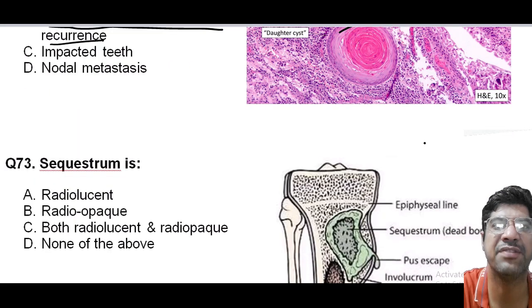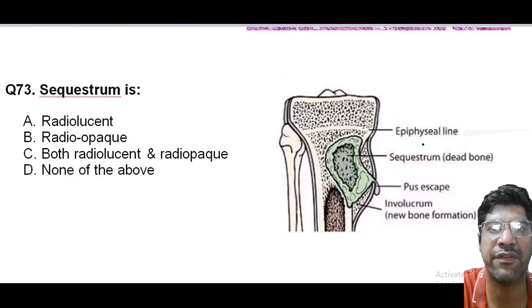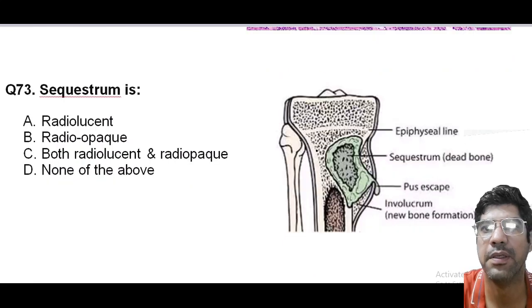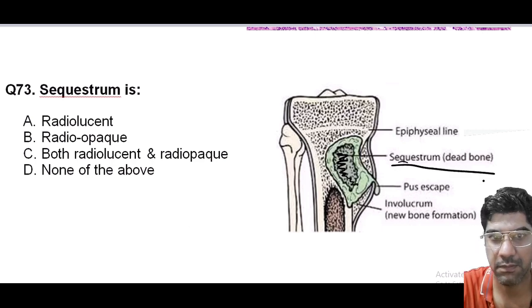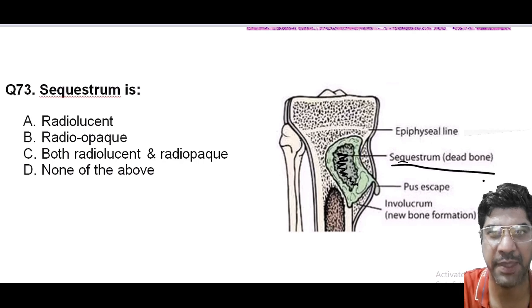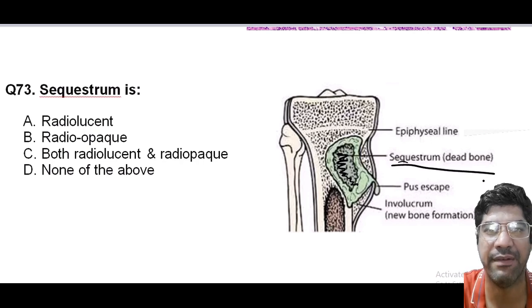Sequestrum, well, sequestrum is a piece of dead bone that has become separated from the surrounding living bone tissue.